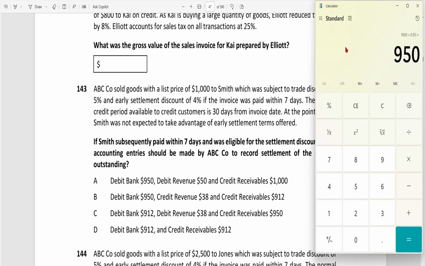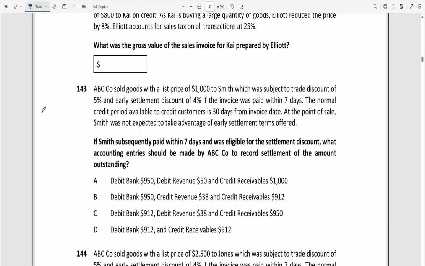Basically, at the time of purchase this might be recorded as ABC company sold the goods, right? And the question is asking from the perspective of the company, not from the perspective of the customer. Always check this as well. So it is a receivable that needs to be received from Smith. It will be debit receivable, and the receivable amount will be 950 because 5% was an immediate discount given to the customer.